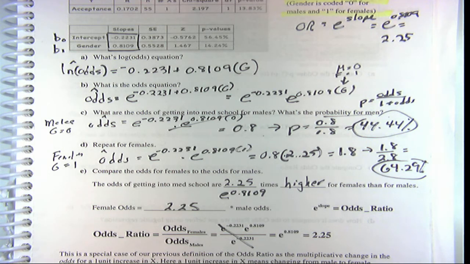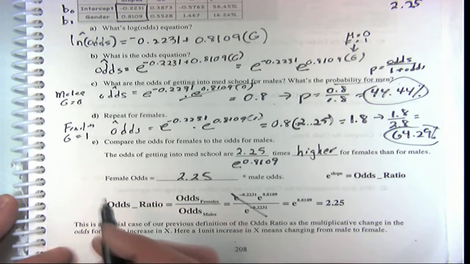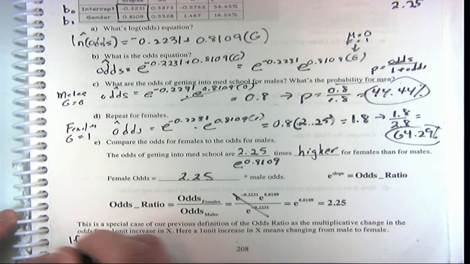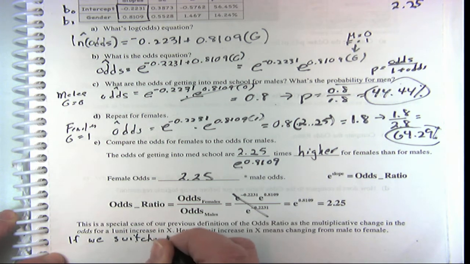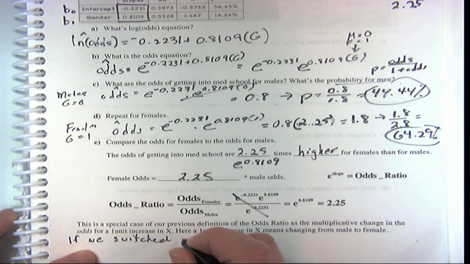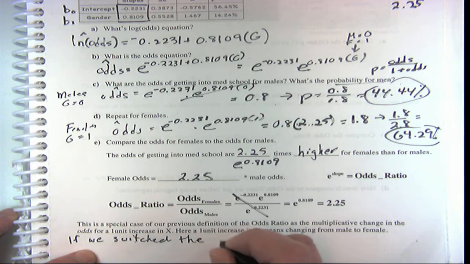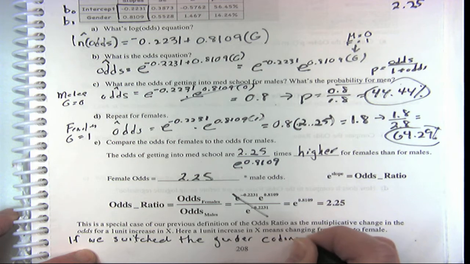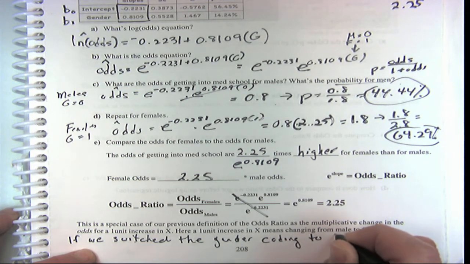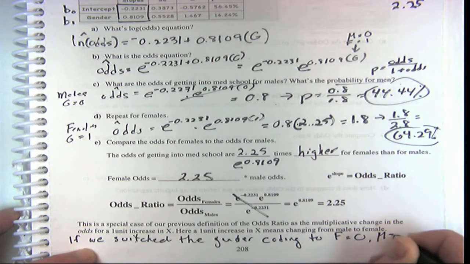So what happens if we switch the gender? Let's think about what would happen. What do you think would happen if we switch the gender? Let's see. If we switched the coding, let's do it as an iClicker, to females equals 0, and males equal 1.